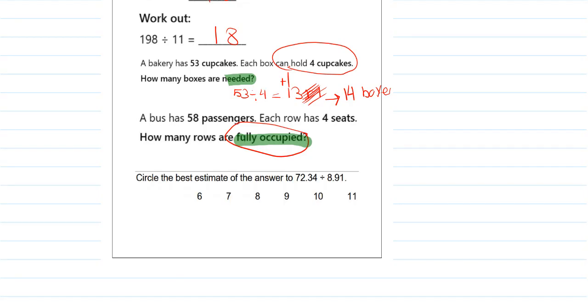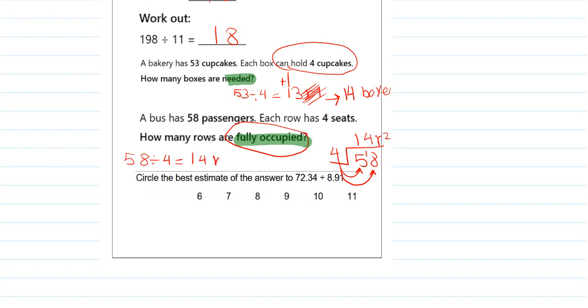We will also start the problem with division. 58 divided by 4. How many 4s in 5? 1, remainder 1. How many 4s in 18? 4, 8, 12, 16. You will find 4 and the remainder 2. So we have here 14, remainder 2.